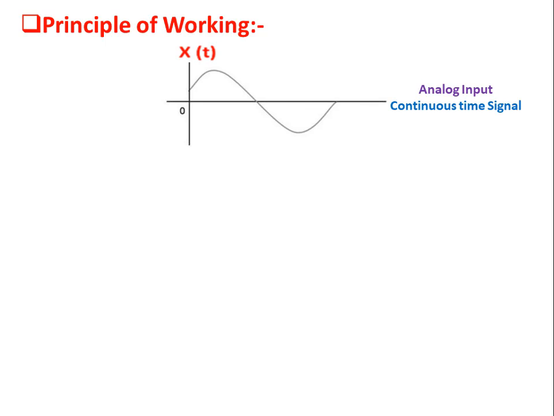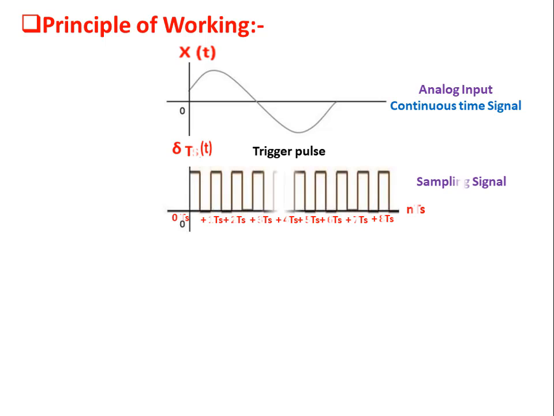Now look at the working principle of this circuit. Here you will study how a continuous time signal is converted into flat top sampled output. Let us consider the analog signal x(t) applied as an input to the sample and hold circuit. It can generate the sampled output only when the trigger pulses are applied to the gate terminals G1 and G2.